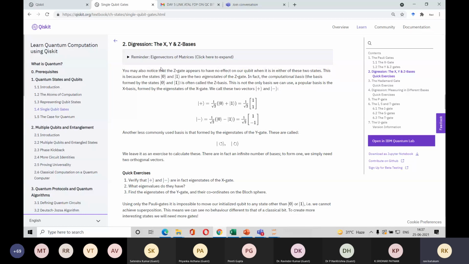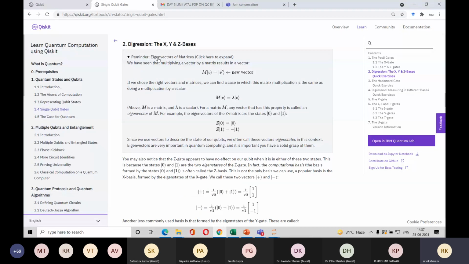Then we have what are called eigenvectors. This is important. In many of the mathematical discussions in the textbook, wherever you read, you keep encountering these eigenvectors.